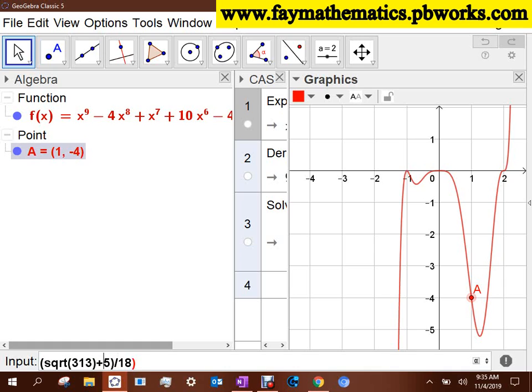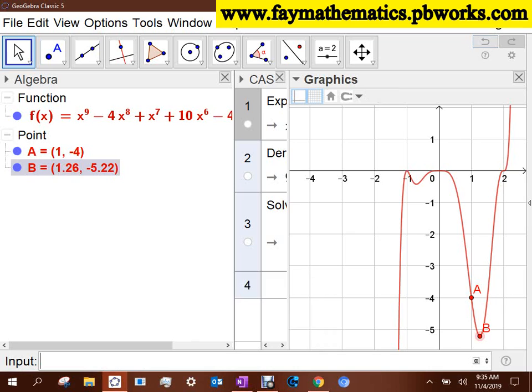So it was that amount, comma, f of that amount. See if this works. There we go. Close it off. See that it showed up, this point B here? It gives me that 1.26 number.